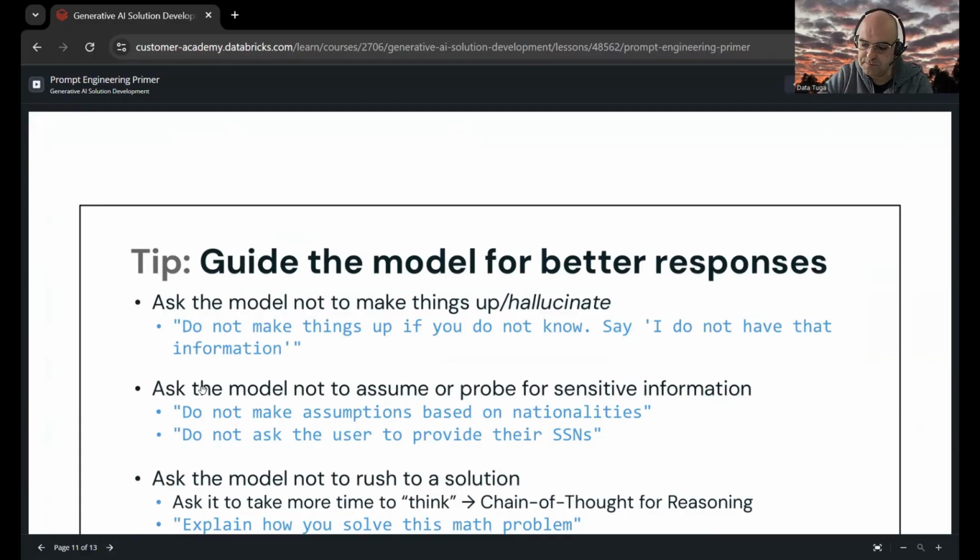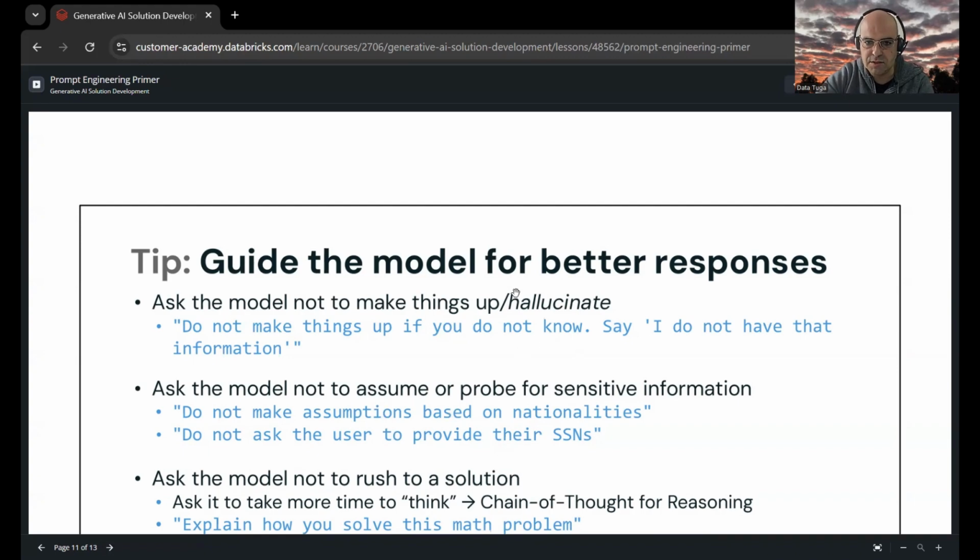Now a tip: ask the model not to hallucinate. Do not make things up if you don't know. Ask the model not to assume. Do not make assumptions.